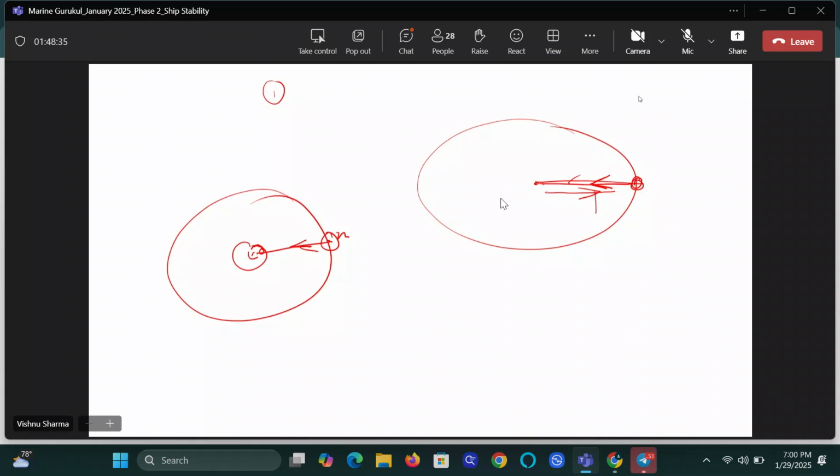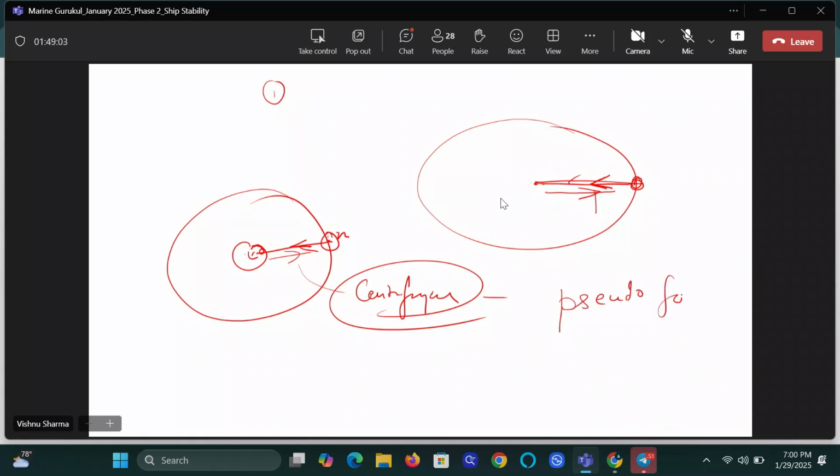Now, what they say is that yes, if the stone is not coming to the center, if the moon is not coming and hitting the earth, or the earth is not going and hitting the sun, then there must be a counter force balancing the centripetal force. And that counter force is called the centrifugal force. Now, what do the physicists say? Where does it come from? They are saying it's a pseudo force. Pseudo force means fictitious force.